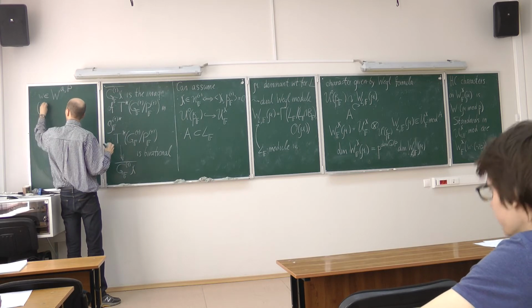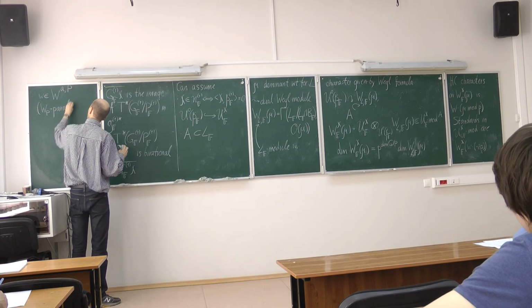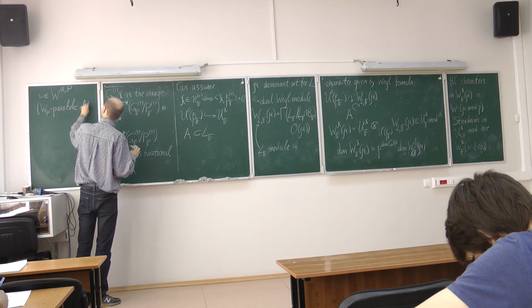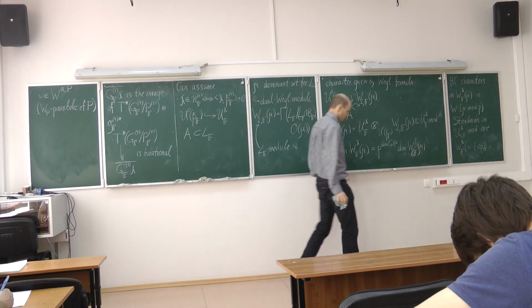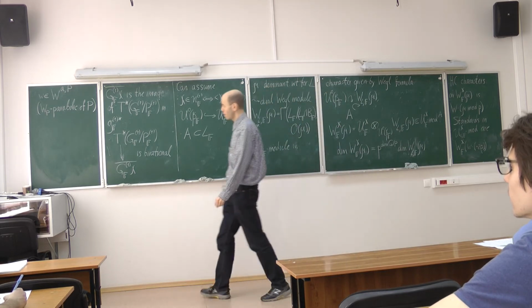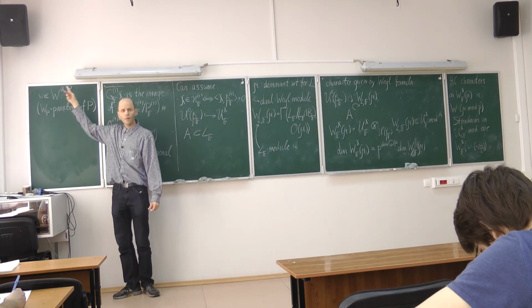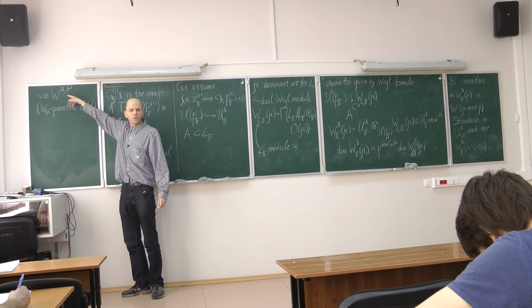So W_P is just the parabolic subgroup of P. In other words, we have standards labeled by the W with a P. So these are longest coset representatives.